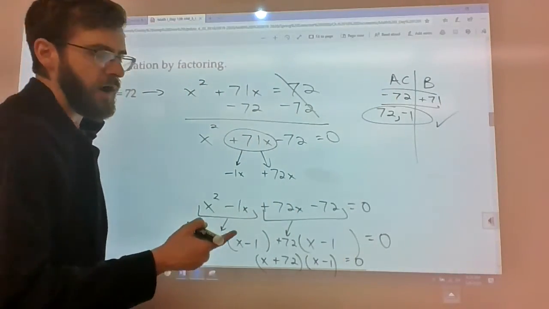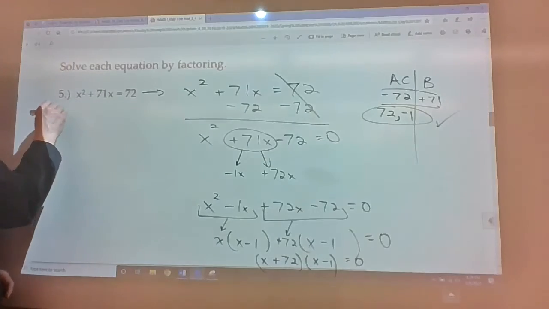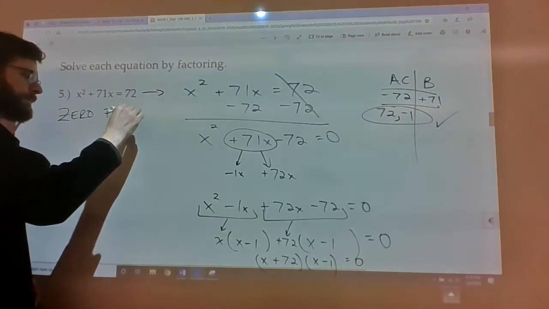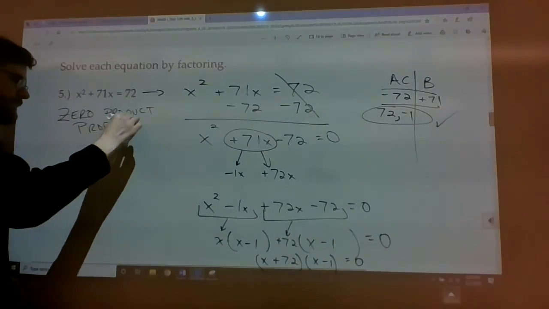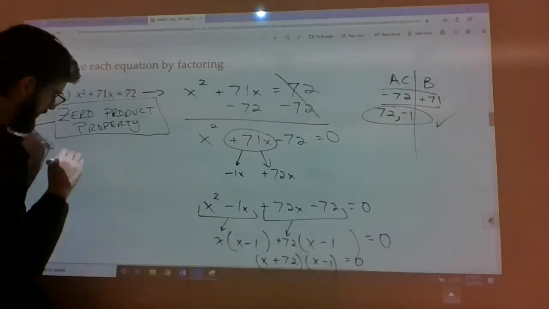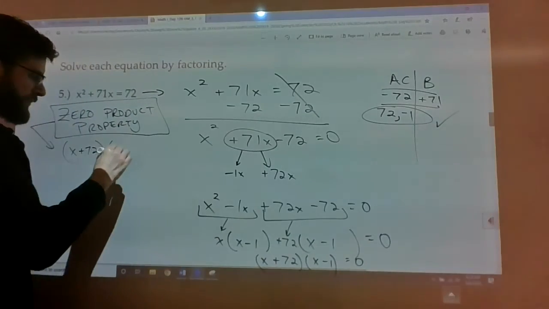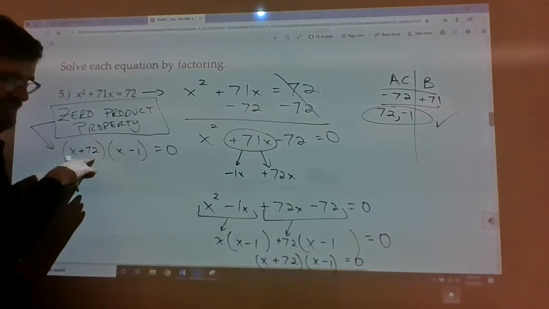This is the part where I was talking about the zero product property. Okay? So the zero product property. If I've got x plus 72 times x minus 1 equals 0, that means that one of these must be 0.